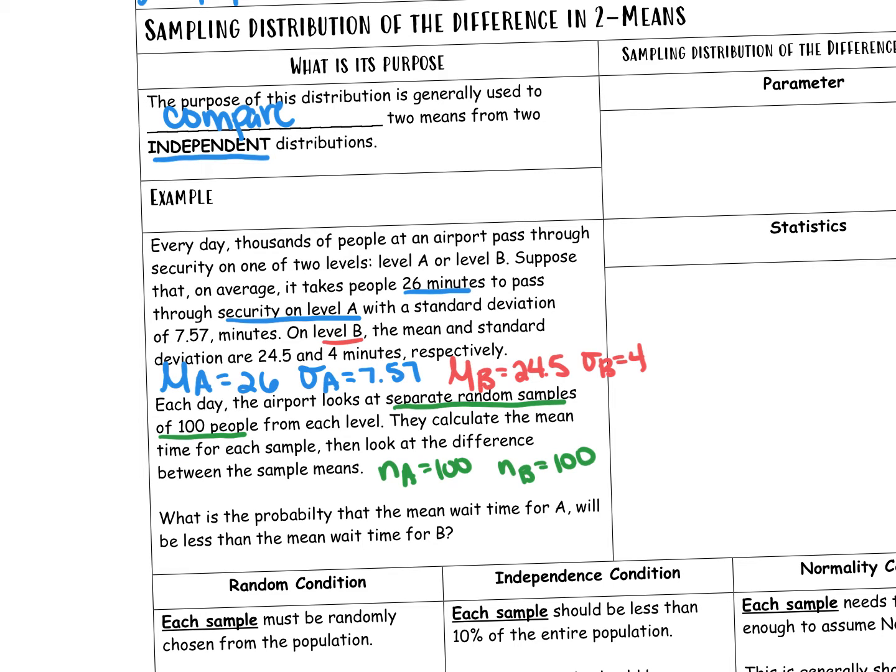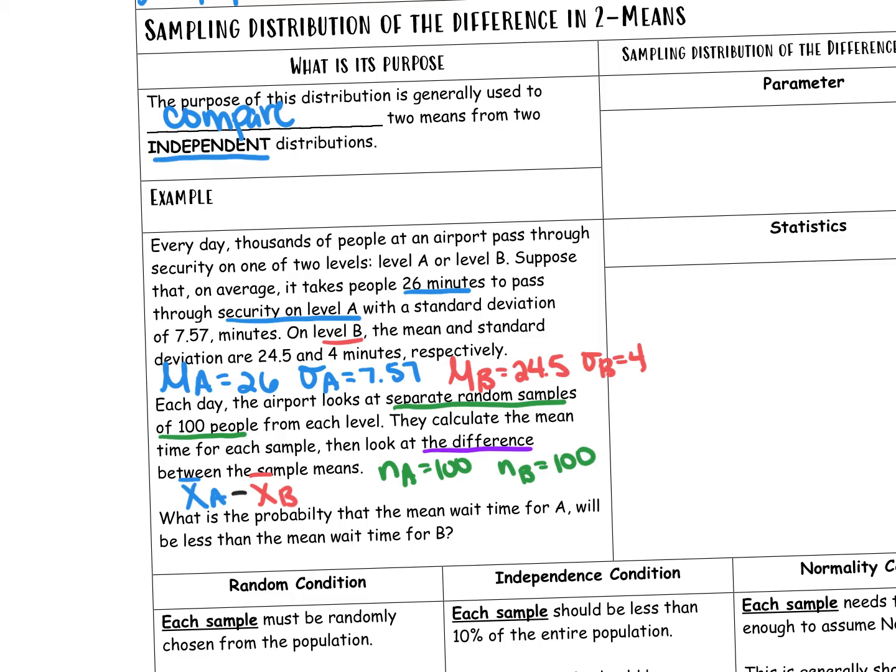They calculate the means and look at the difference between the sample means. Remember what we call our sample means? We have x bar A minus x bar B. What is the probability the mean wait time for A will be less than the mean wait time for B?